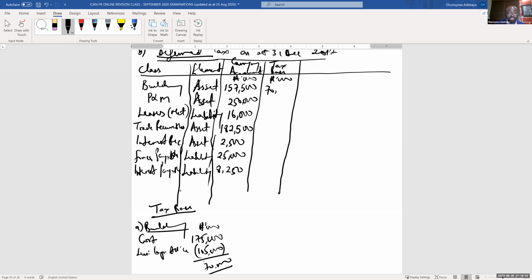What is the tax base of plant and machinery? What is the cost of plant and machinery? Who can attempt that? Go back to the question. What is the cost? Remember, they gave us the book value to be 250, and we are told that it's after deducting depreciation of 30, which means the cost is 280.